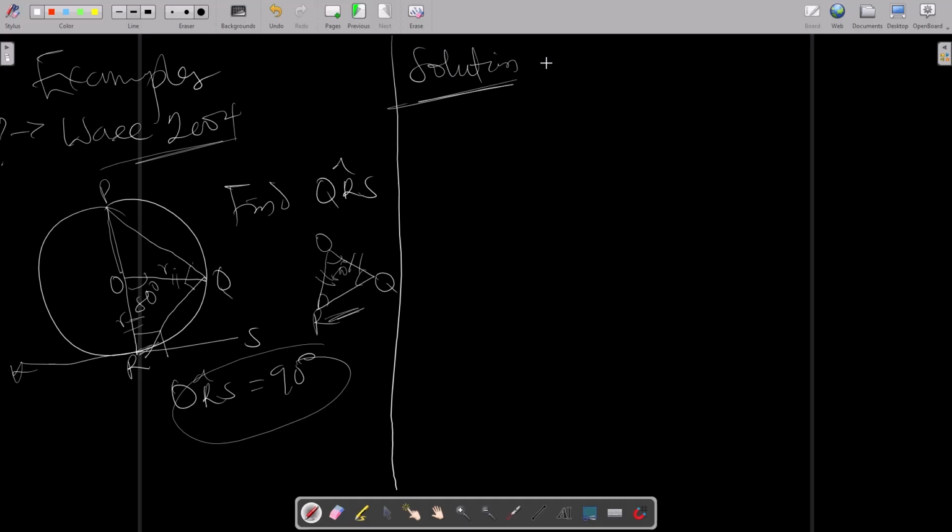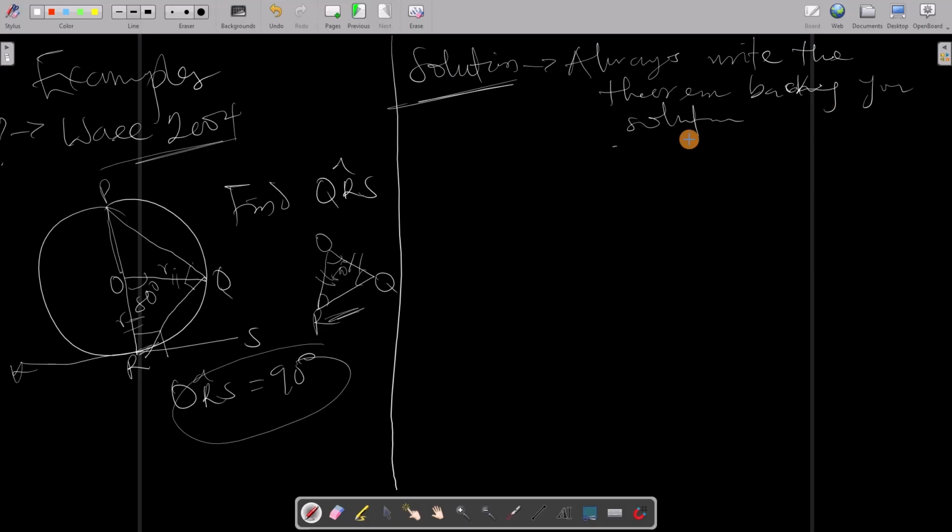Now when you want to solve it, always write the theorem back in your solution. Okay, so let's go.